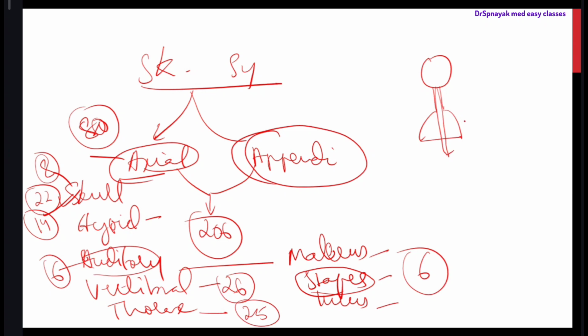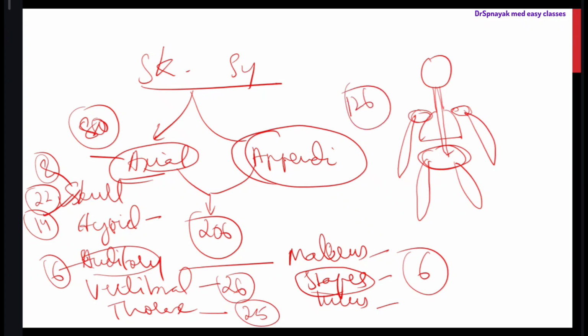The remaining bones are the shoulder girdle and the bones of the upper limbs, and the pelvic girdle and the bones of the lower limbs. All these bones are appendicular bones. We will try to discuss those bones. In the appendicular skeletal system, we have a total of 126 bones.